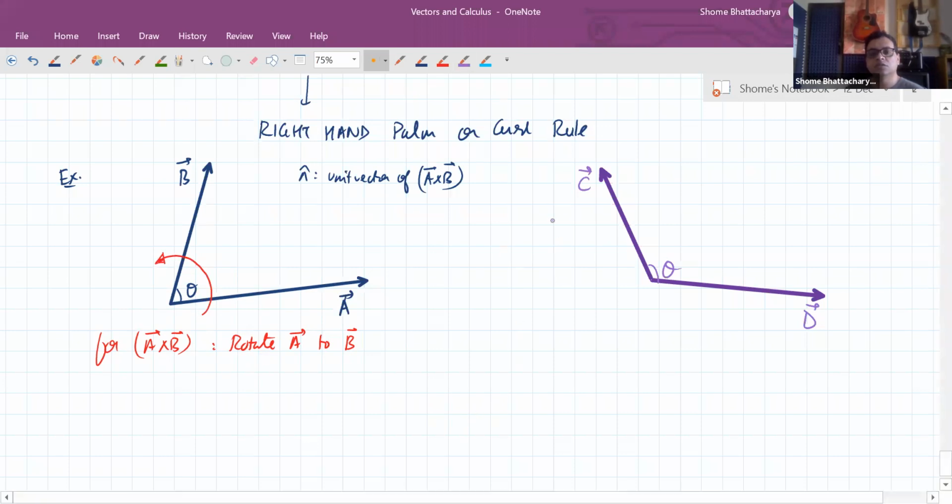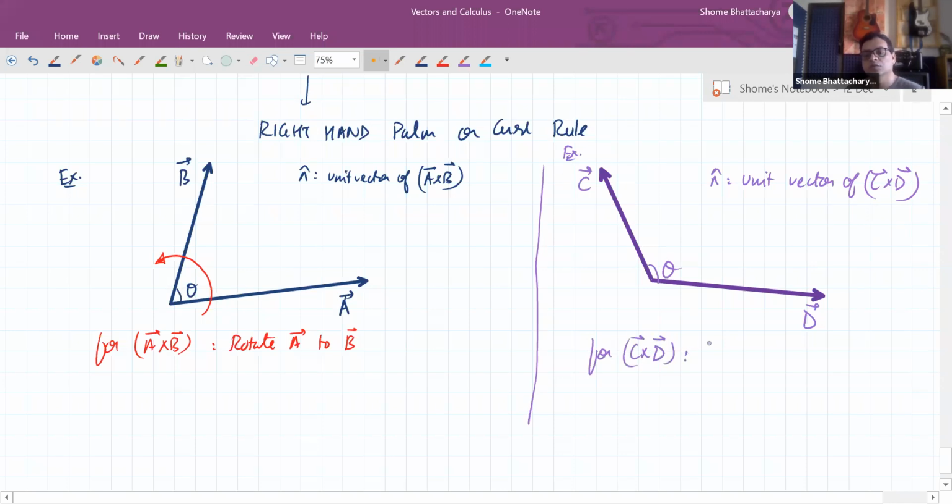For C cross D, here we want to determine n cap as the unit vector in this example of the operation C cross D. So for C cross D, okay, rotate C towards D. So that would be this sort of a rotation here. I mean, you can always rotate it the other way also, but the smaller angle is this one. So it would be this sort of rotation.